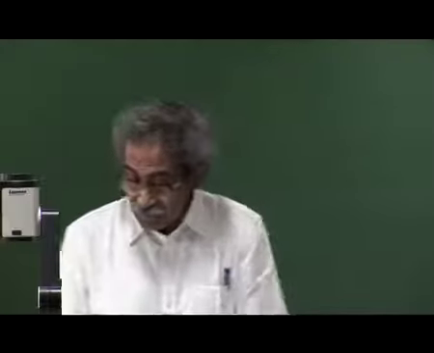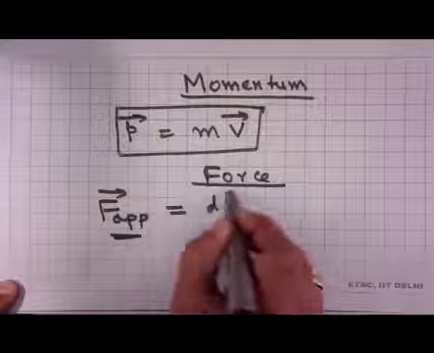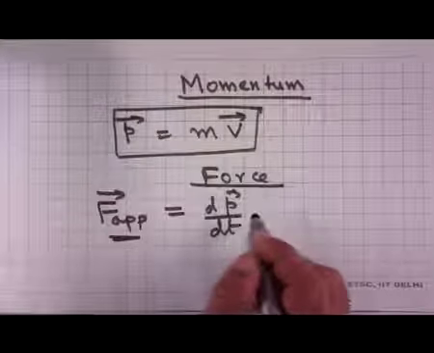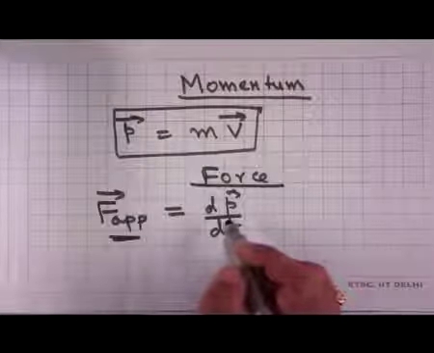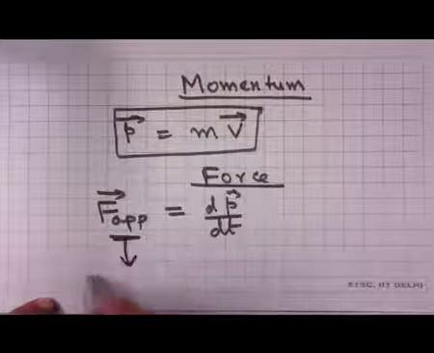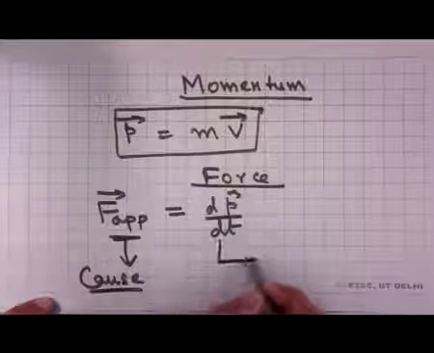So this is of physical origin, this equal to dP by dt. So I have the momentum, which is the quantity of motion. That quantity of motion is changed by the application of the force. So what are we saying? This is the cause and this is the effect.